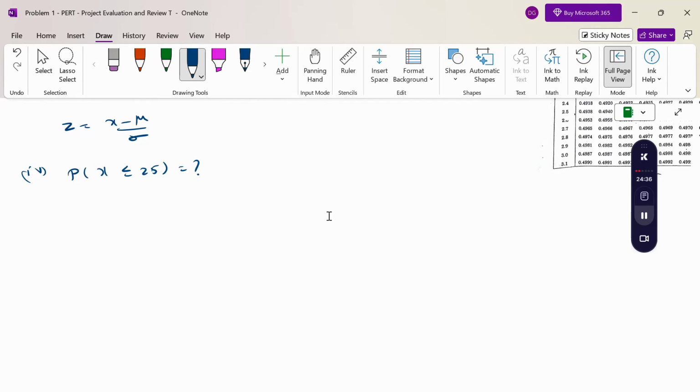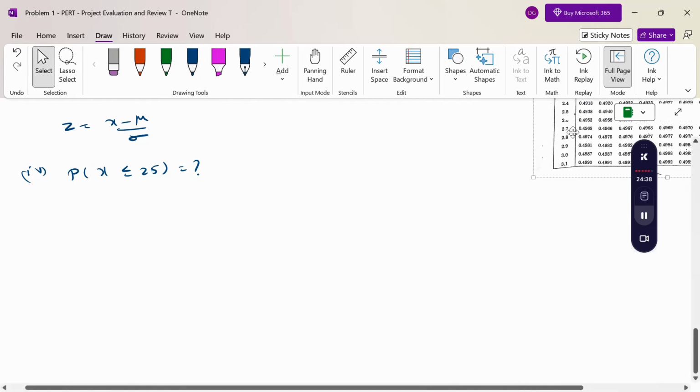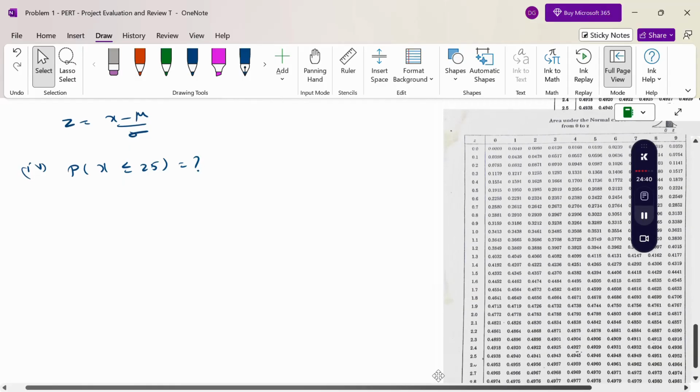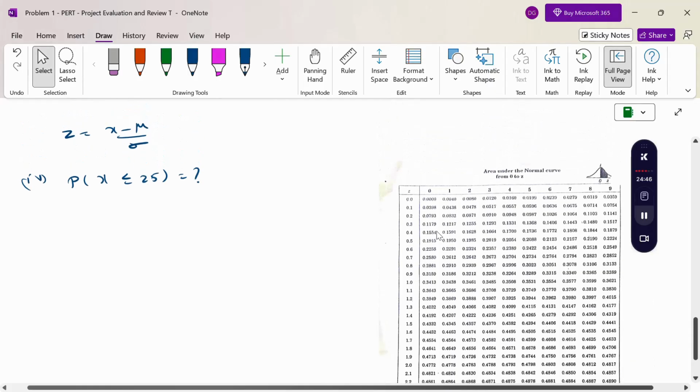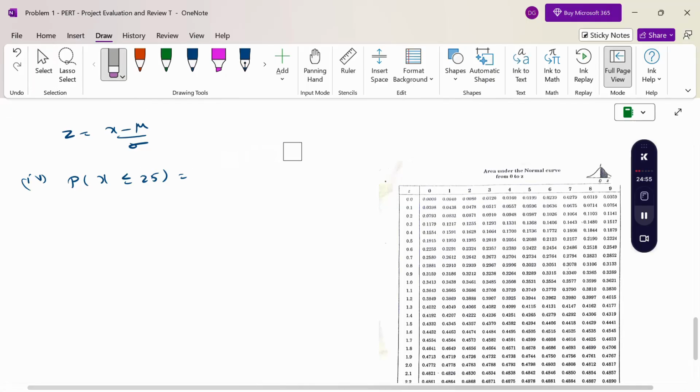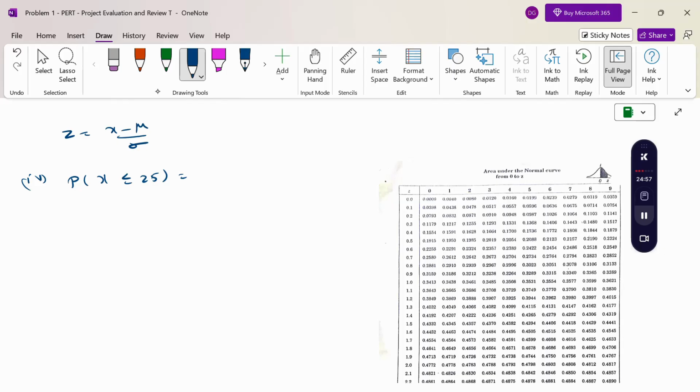Now we can use the normal table. In this normal table the variable is z, not x. Therefore convert the x variable into the z variable, using x minus mu by sigma.